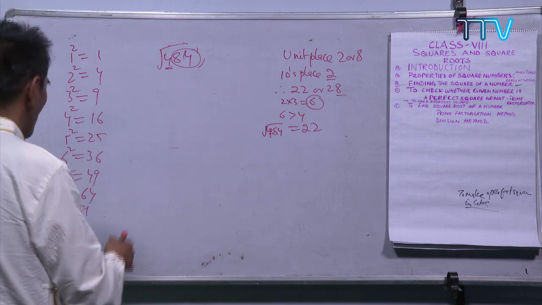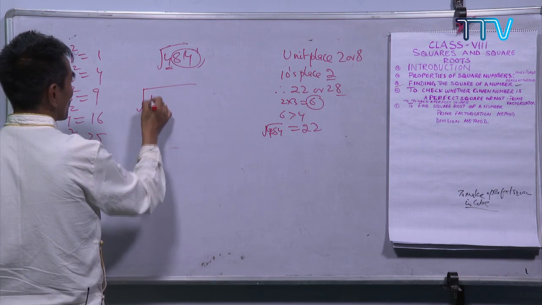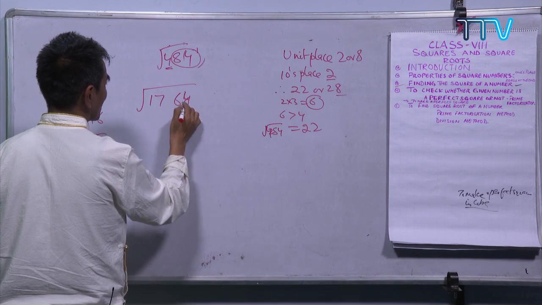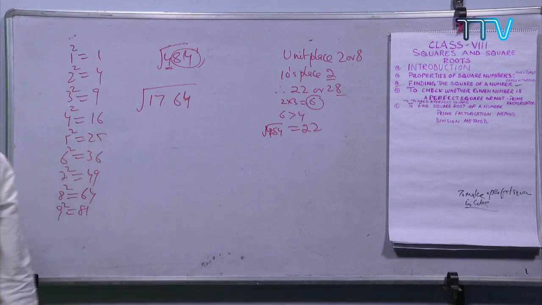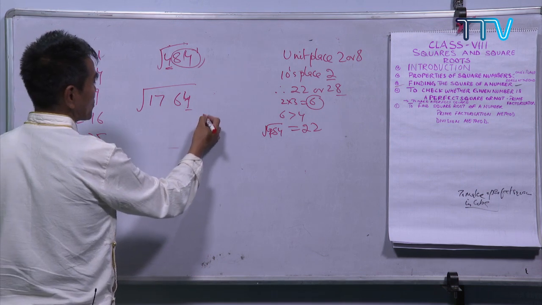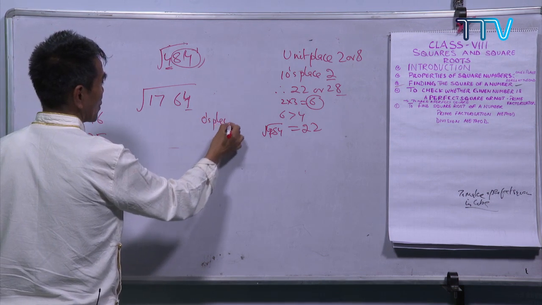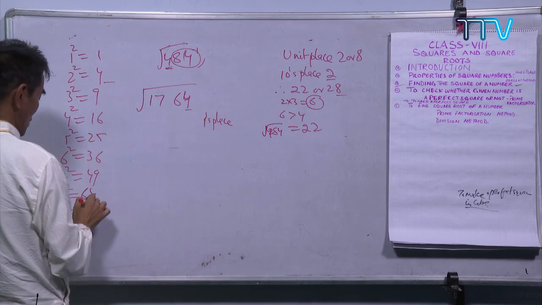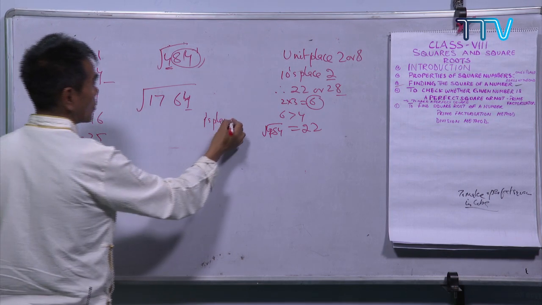Take another example, the last one: 1764. The unit place is 4, so the root's unit place is 2 or 8.